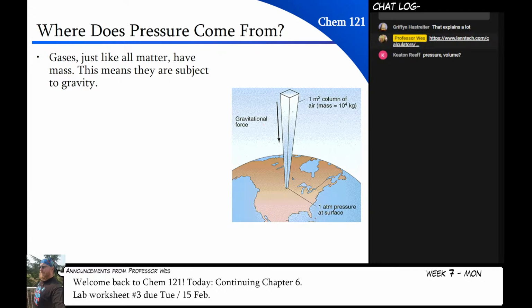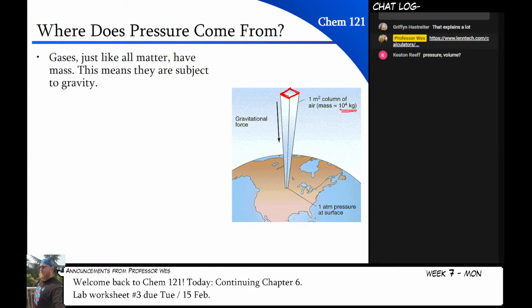On the screen here, you can see that if I have a square meter that I extend all the way up to the edge of space, so the end of the atmosphere, where space begins and the atmosphere stops, and I draw that straight down, what I end up getting is a mass of air that is roughly 10,000 kilograms. That mass of air is pushing down upon you and everything in that square meter.